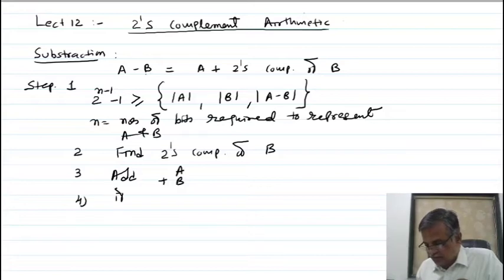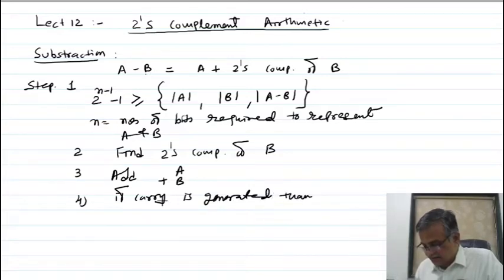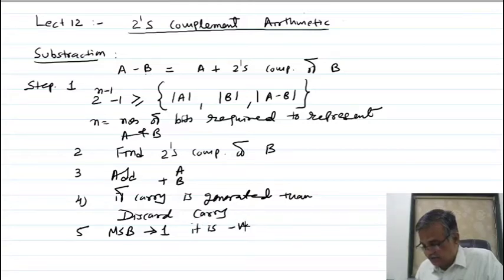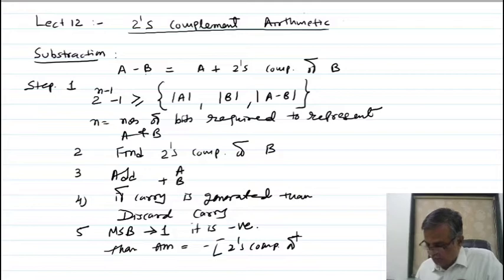Step 4. If carry is generated, then discard the carry. Step 5. If the MSB is 1, then it is negative, and the answer is equal to minus the 2's complement of a plus b.